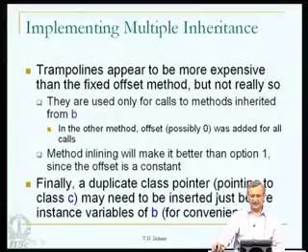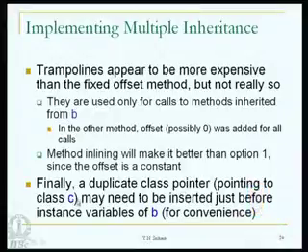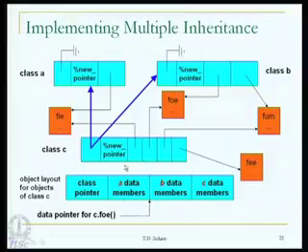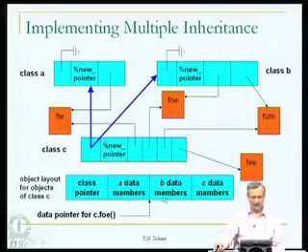And a duplicate class pointer pointing to class C may need to be inserted just before the instance variables of B. Let me show why. If we had been pointing to this place for calls to the methods of A or C, what we really need to do when we call the methods of B is insert this class pointer here.